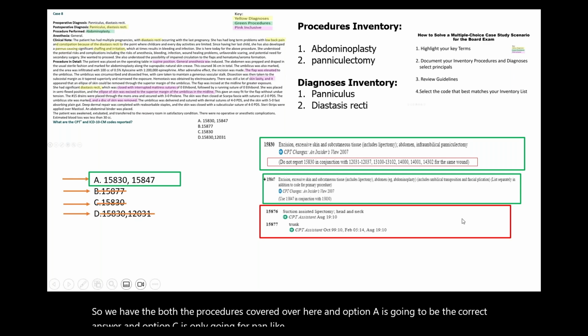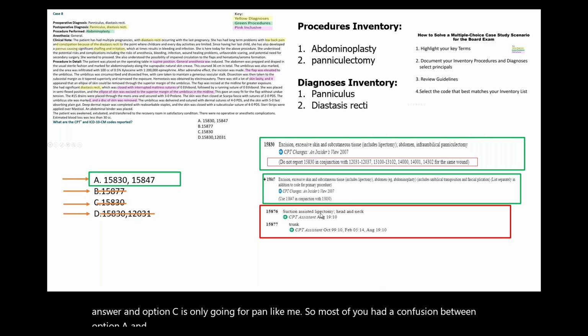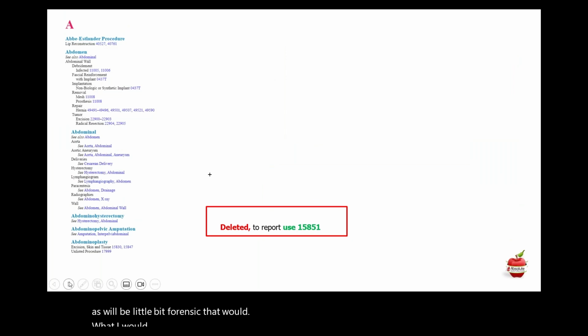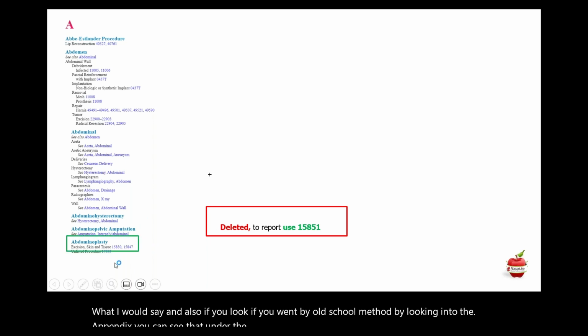So a few of you had a confusion between option A and C. The key thing to follow here is to read the procedure note carefully as well. Be a little bit forensic, that is what I would say. And also, if you went by the old school method of looking into the appendix, you can see that under abdominoplasty itself, it states that you have to look for two codes.